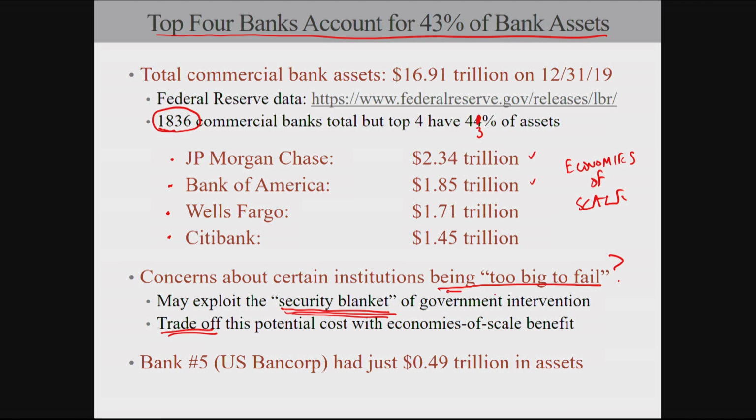But with being too big to fail, is the economy vulnerable to any one of these companies failing? Because banks are very interconnected, and if let's say JP Morgan Chase suddenly started to have a lot of financial difficulty, that could ripple through the entire economy and create a lot of problems.